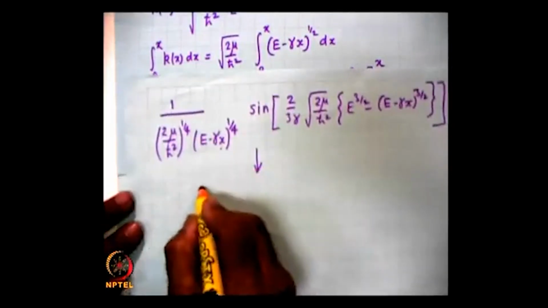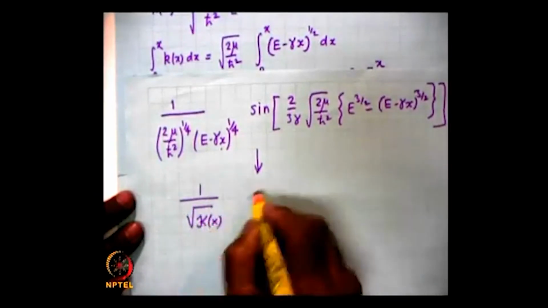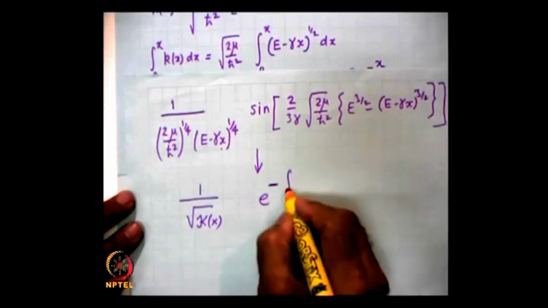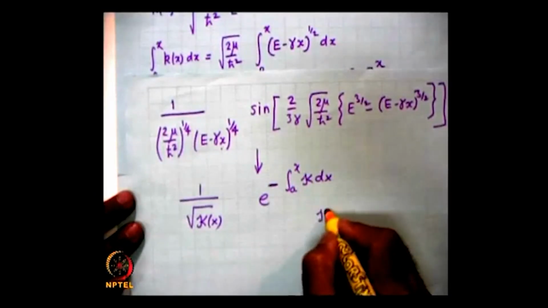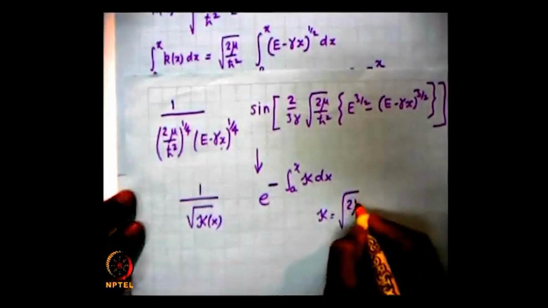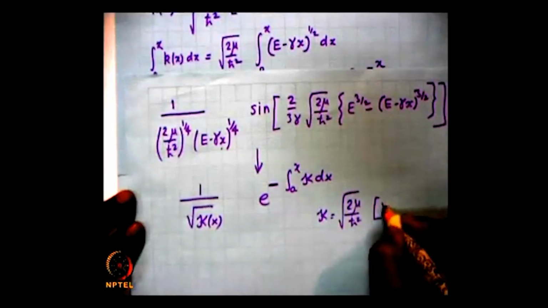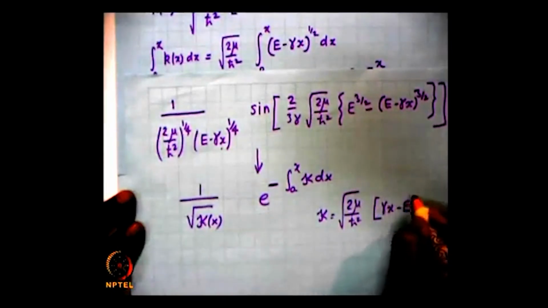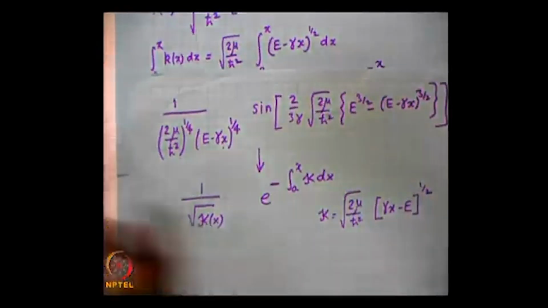So write down the formula in terms of under root of kappa of x and E to the power of minus the integral of kappa dx, and kappa is under root of 2 mu by h cross square, now V of x minus E, so therefore gamma x minus E raised to the power of half, and you can immediately integrate it and obtain an analytical expression for the JWKB solution.